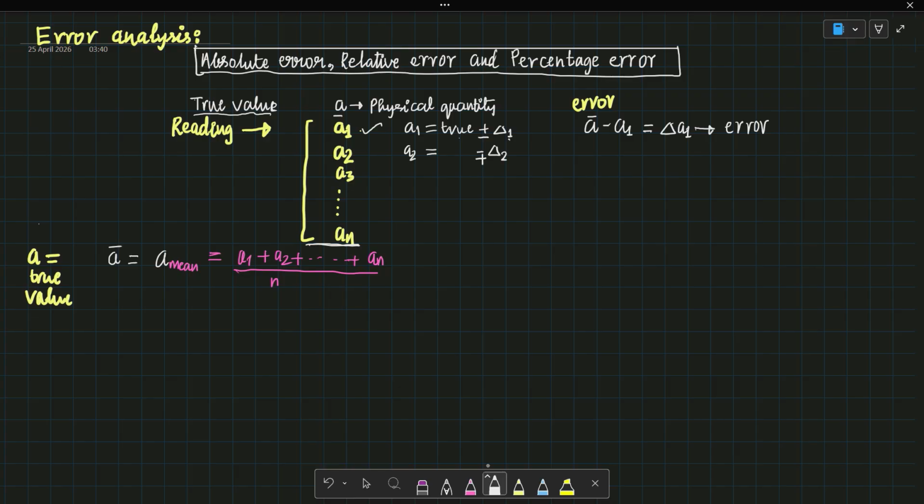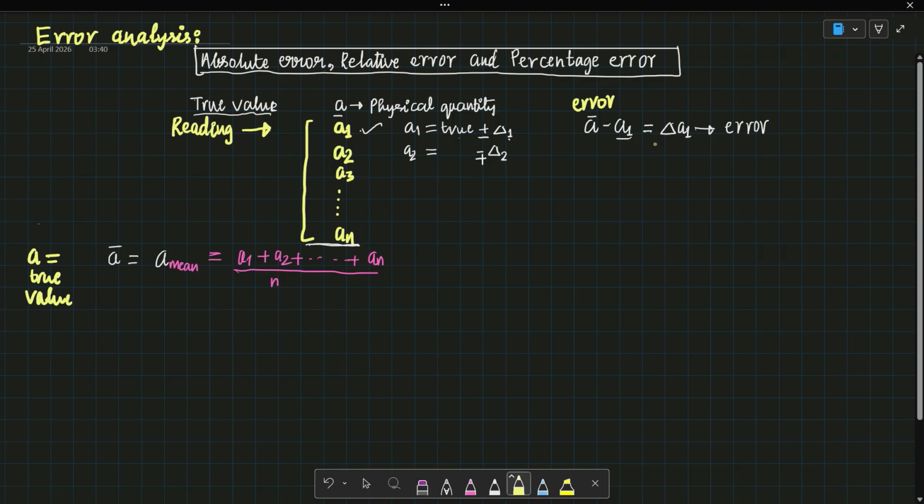It is quite possible that this value delta A1 could be positive or negative. If A1 is more than the true value, then this will be negative. If A1 is less than the true value, then this will be positive. So this error could be positive or negative, and that's why we are not interested in only knowing the sign.